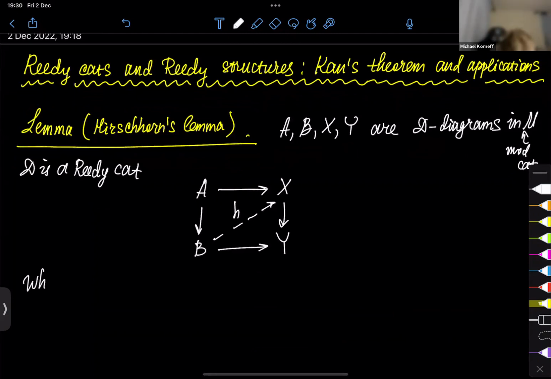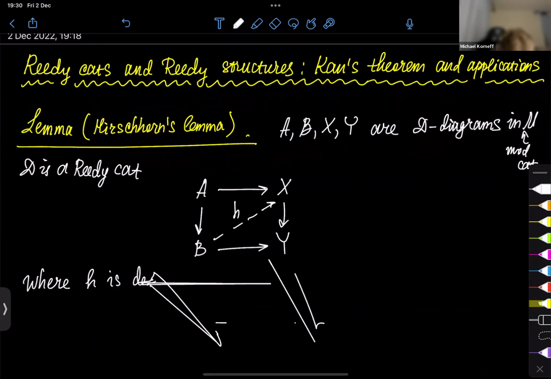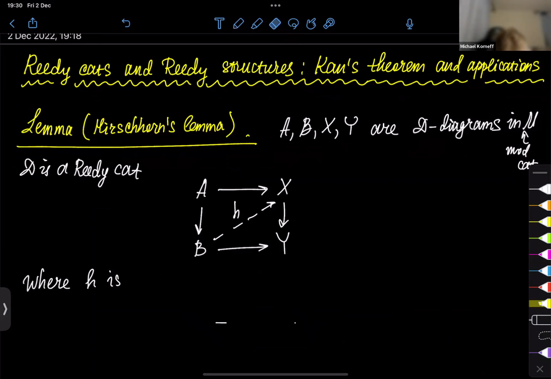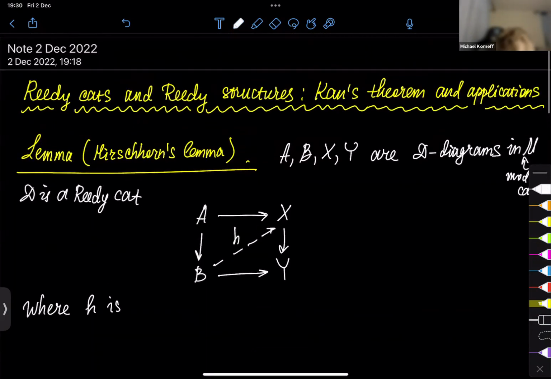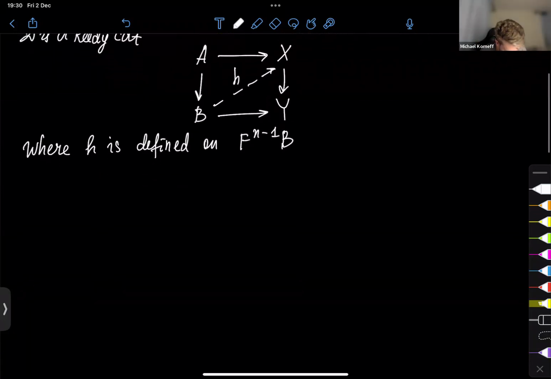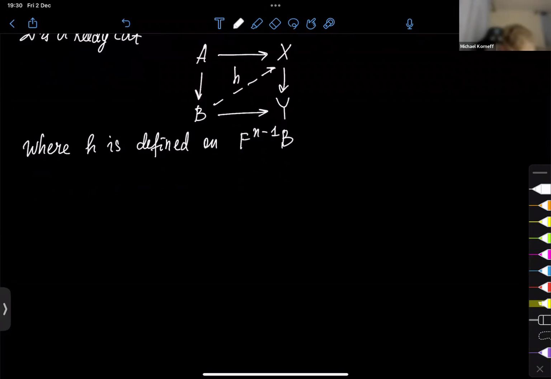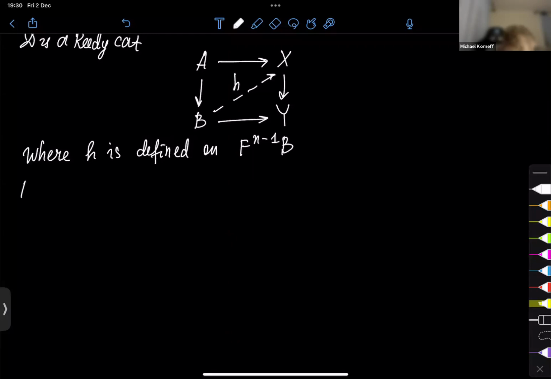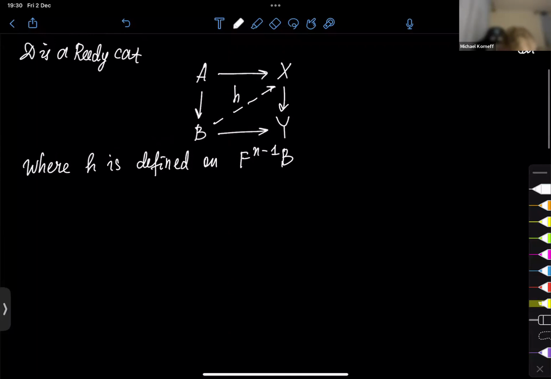where H is defined on the n-1 filtration of B, and we desire to construct the lift on the n filtration, and it is possible if for any alpha, of course, we can form the following diagram.